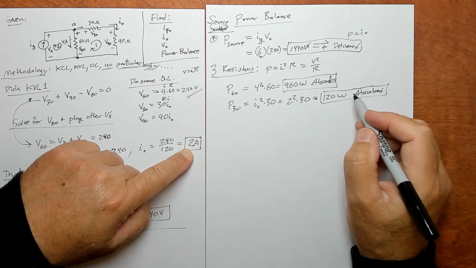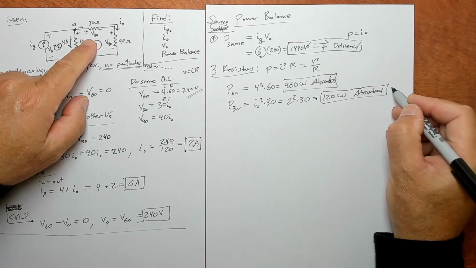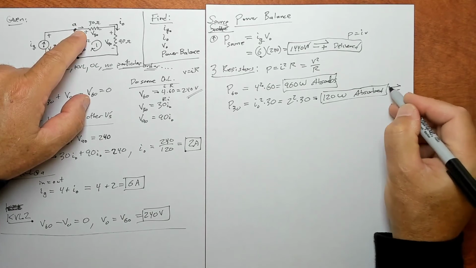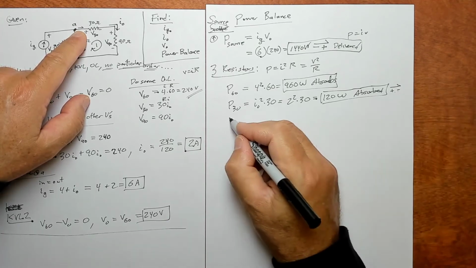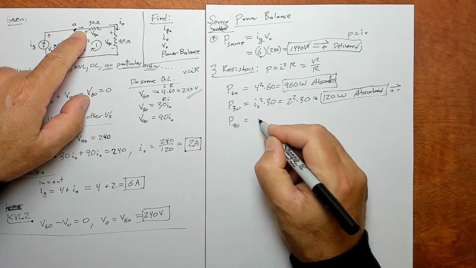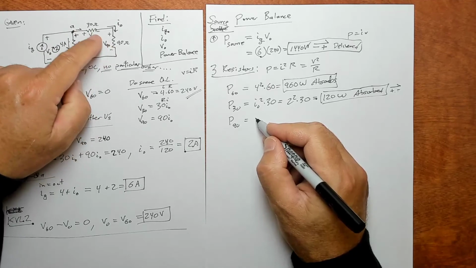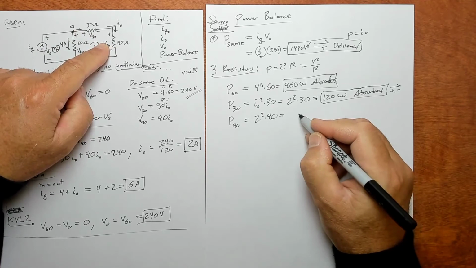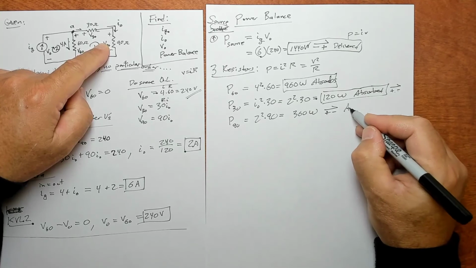You could draw the polarity arrows: the current's going this way, and this is the orientation for absorbed, because the current's coming out at the negative sign, a lower potential. And the power in the 90 is also I sub 0, going through both of these elements, so it's 2 squared times 90. It's going to be 360 watts, and it's absorbed.